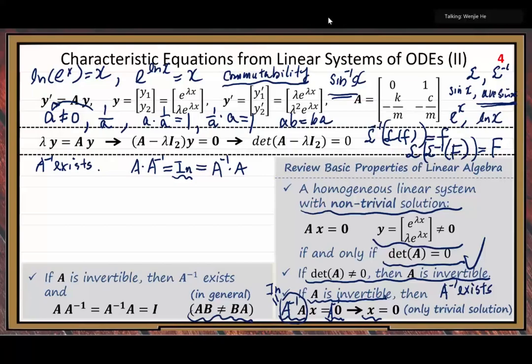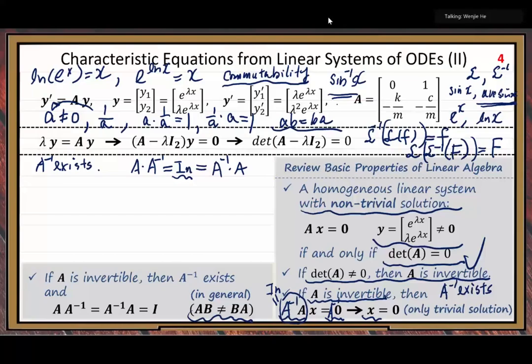Only in some very special cases could they be commutable. But in the general case, not commutable. So why do I talk about matrix commutability? Here the rules are different, you cannot switch the sides.